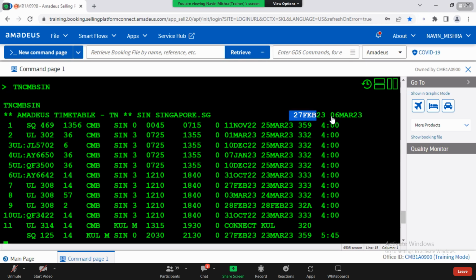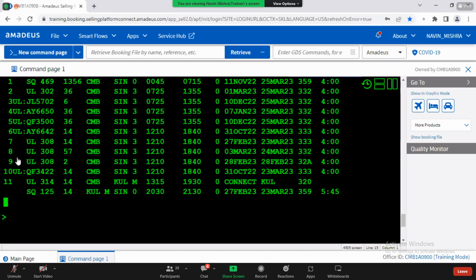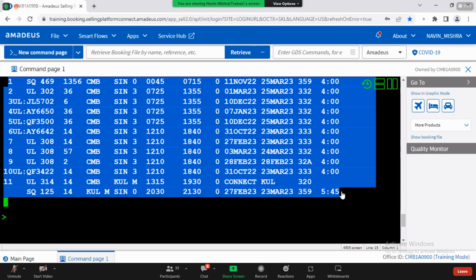That is the reason I was telling you that in every timetable command, it will always display the 1 week flight timetable. So between 27th of February to 6th of March, these are the list of airlines and flights that are operating on the first page.